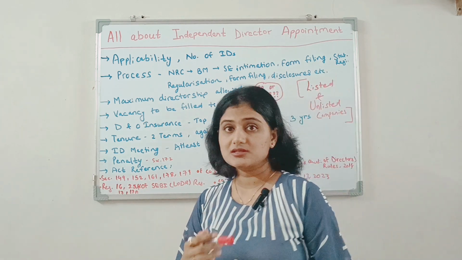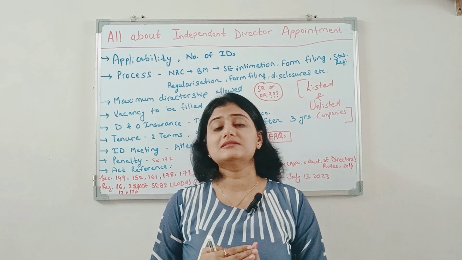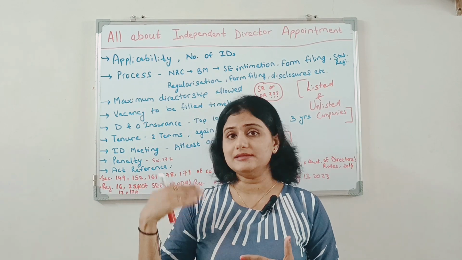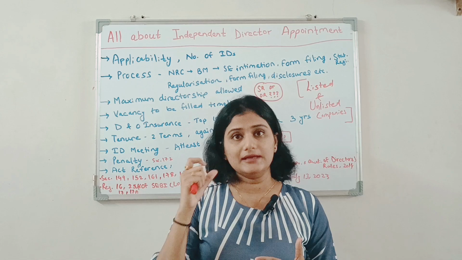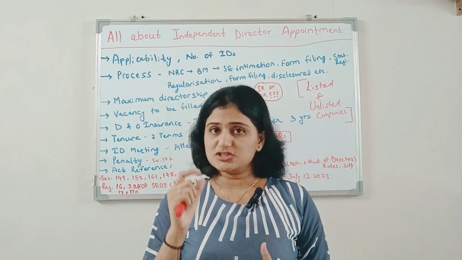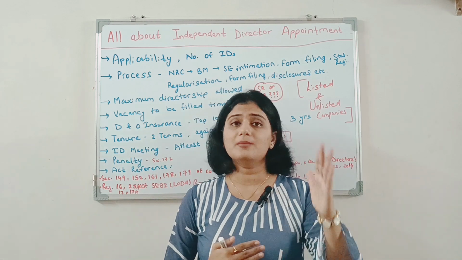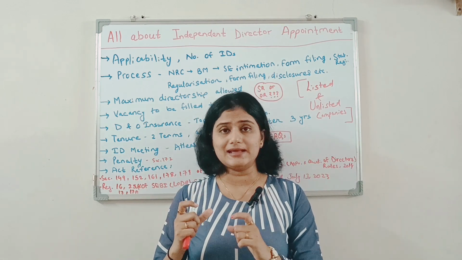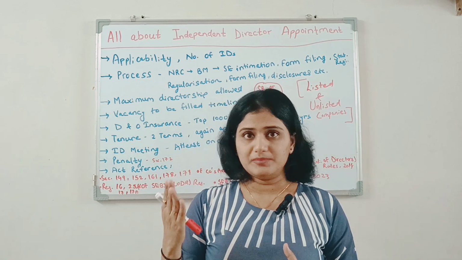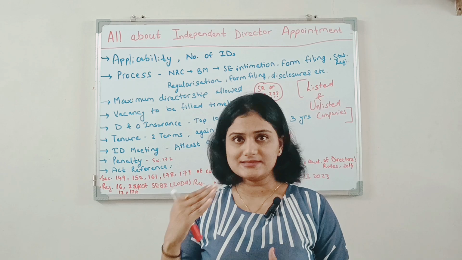Now coming to next, talking about the regularization part. That means every appointment of a director, including the independent director, has to be approved by the shareholders. As per the Companies Act, such an additional director holds office until the next annual general meeting. So the Companies Act does not require any specific timeline for regularizing the appointment. It can be regularized in an EGM or until the next AGM.